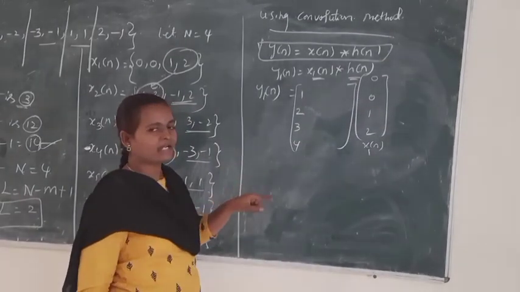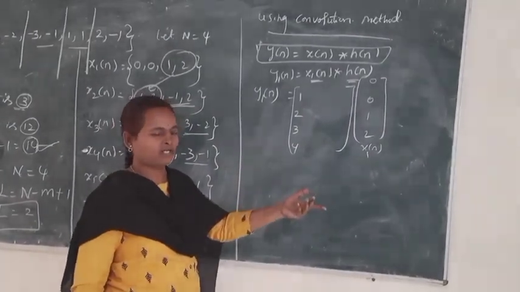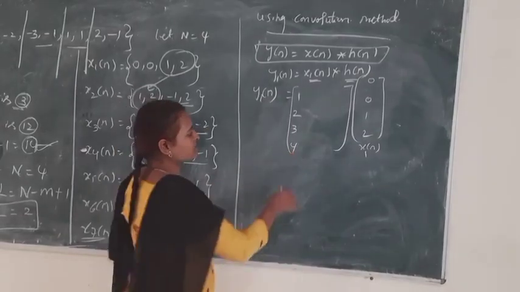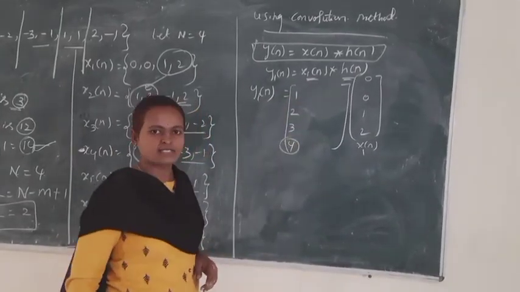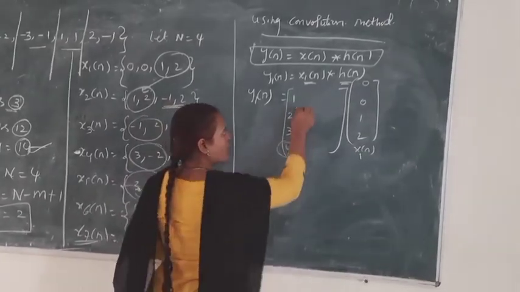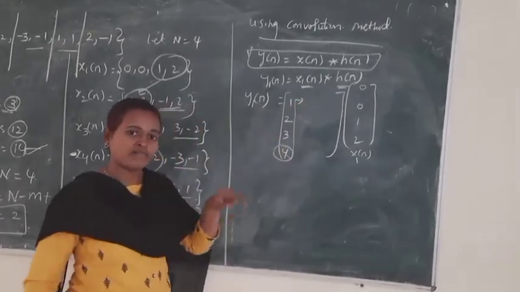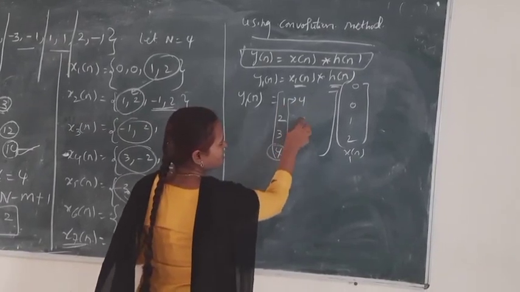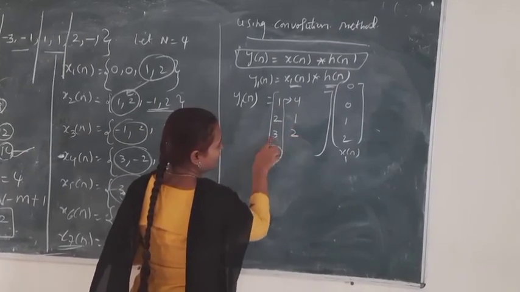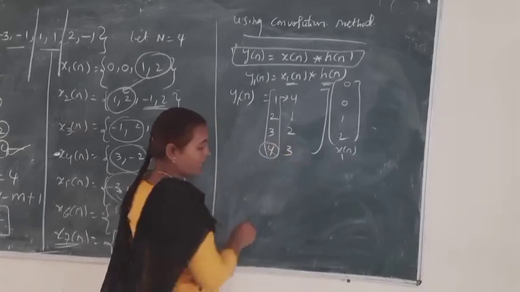Next, we have to write the matrix form representation. The last sample value of the first column should occupy the first position of the second column. This is 4. Next, this 1 is shifted here, 2 is shifted here, then 3.